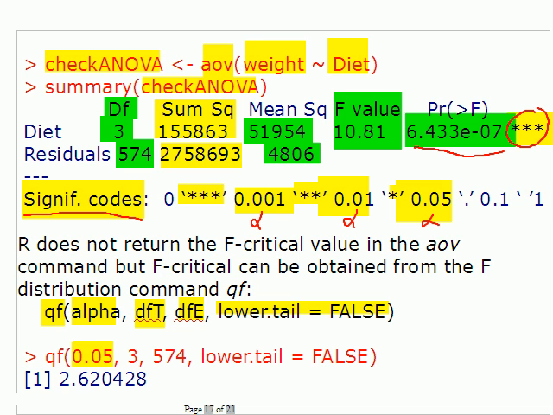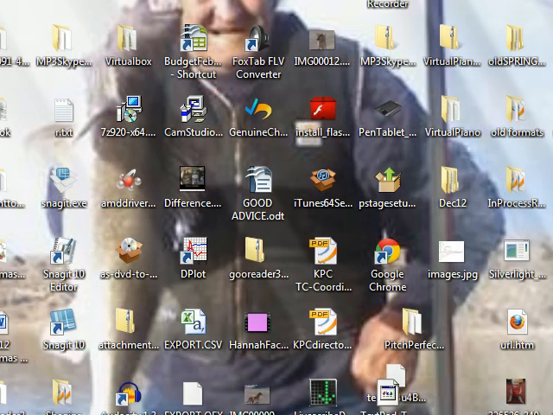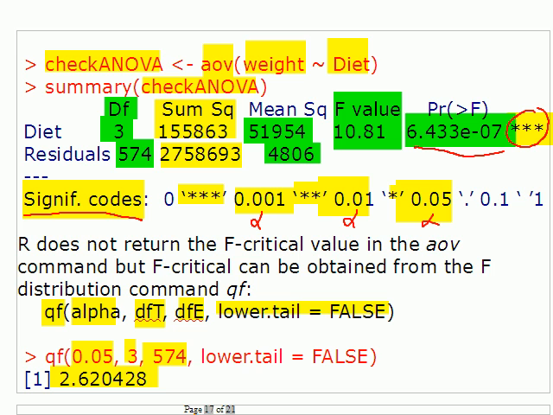So for a 95% confidence level, alpha would be 0.05. Here, the 2 degrees of freedom, we'd have to feed in ourselves. Before, all we had to do is give it the data. Setting lower.tail equals FALSE, we find an F critical value. That's what this is. So here is F critical.